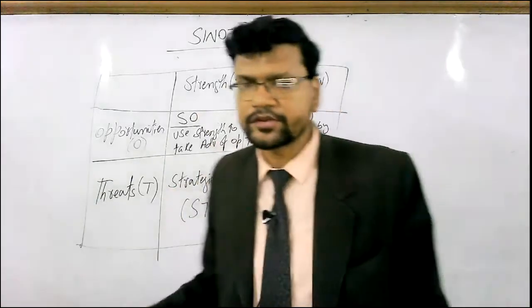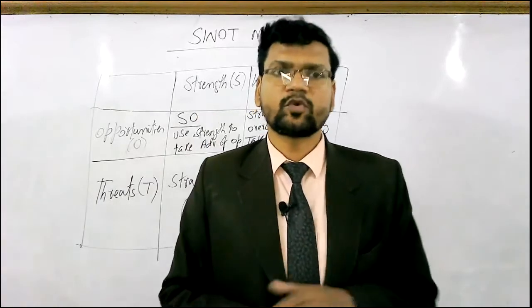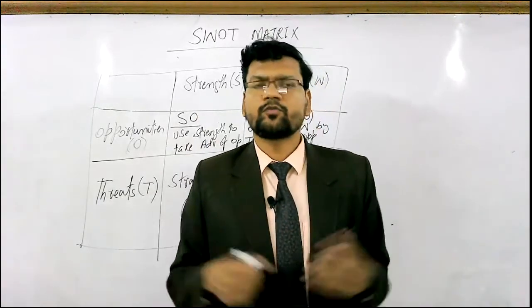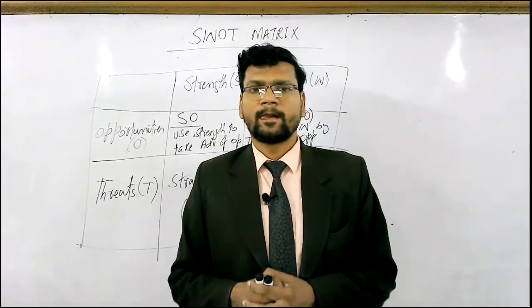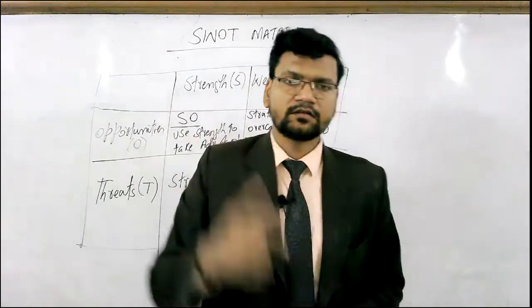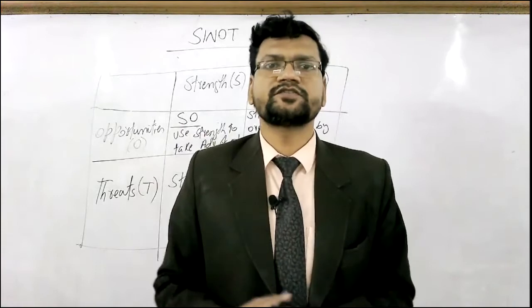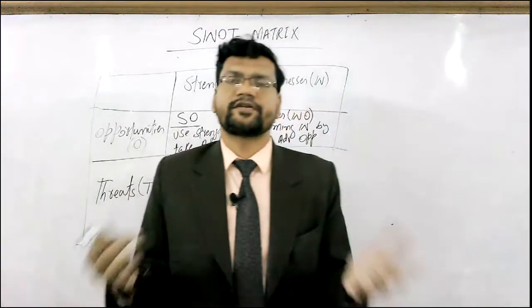So I want to give you an example of this SWOT analysis. For example, your employees are not satisfied with the work or your production policy. Your employees are not happy with you. This is an internal weakness, we can say. And what is the external threat here?